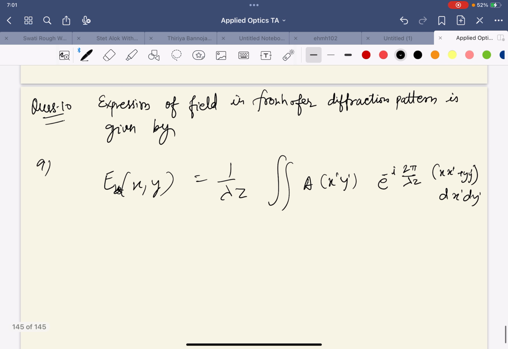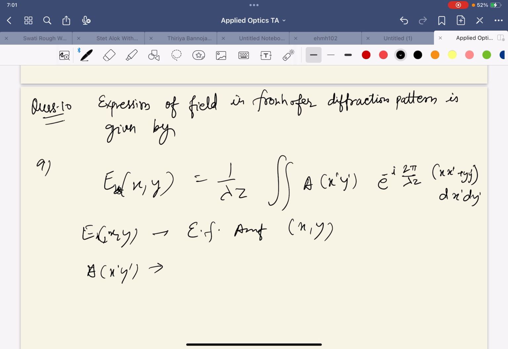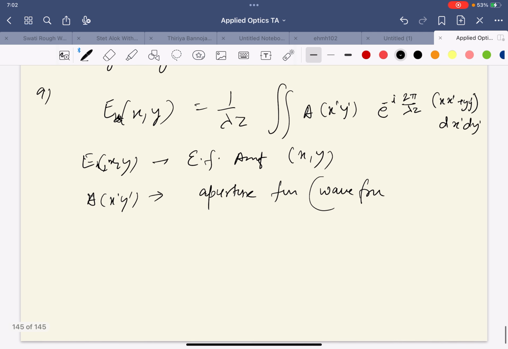Okay, if we go term by term, E(x,y) is the electric field amplitude at some point x, y, and A(x',y') is the aperture function that describes the amplitude and phase of the wavefront at each point x' and y' of the aperture.